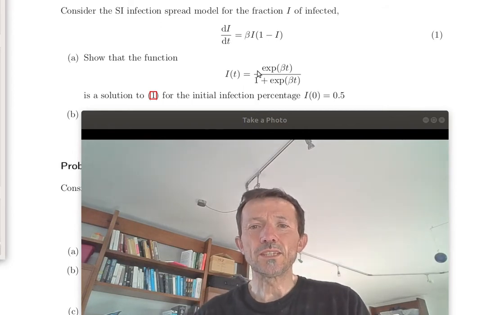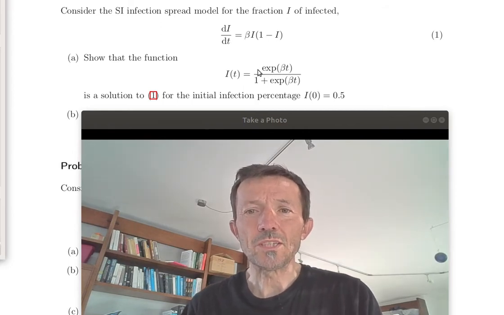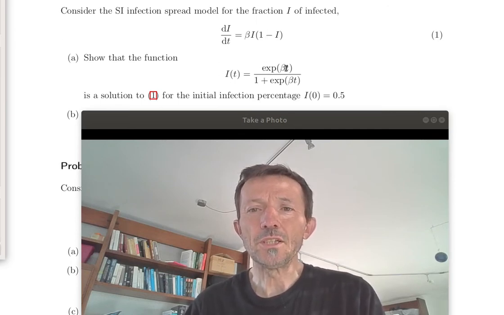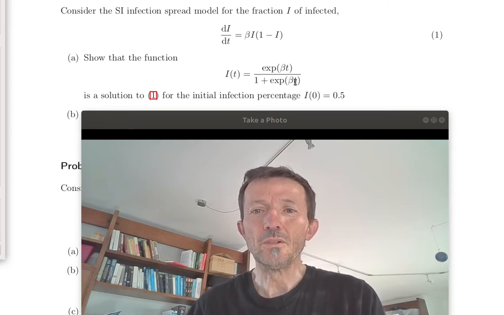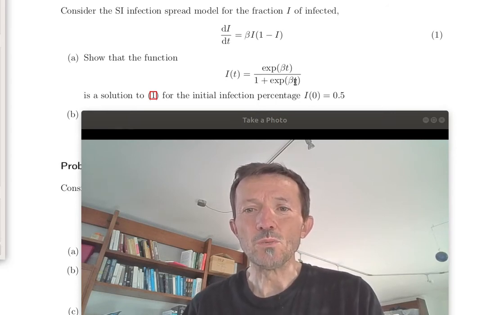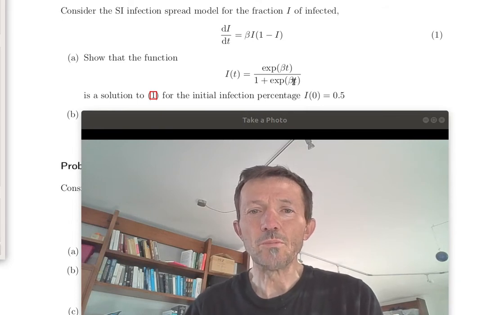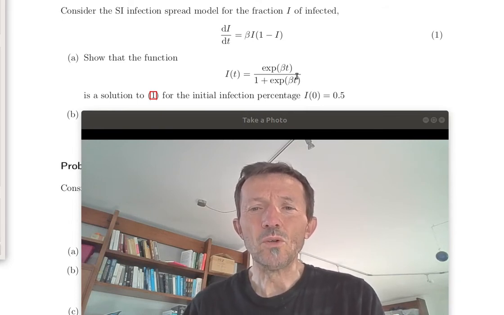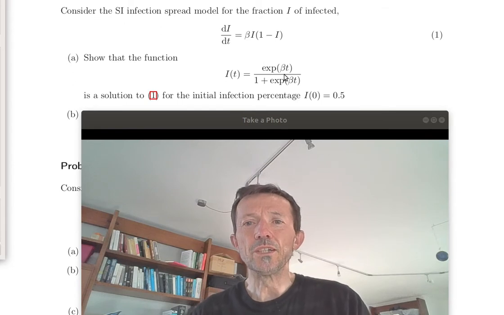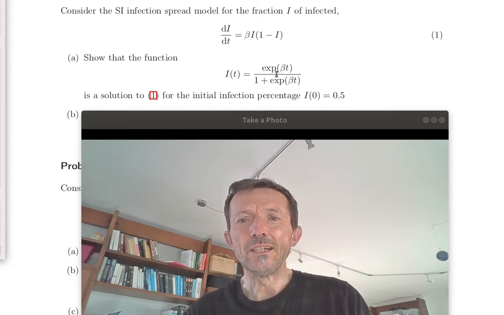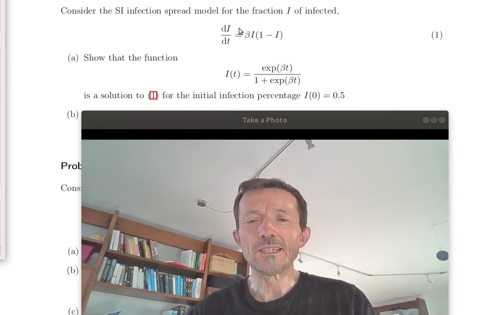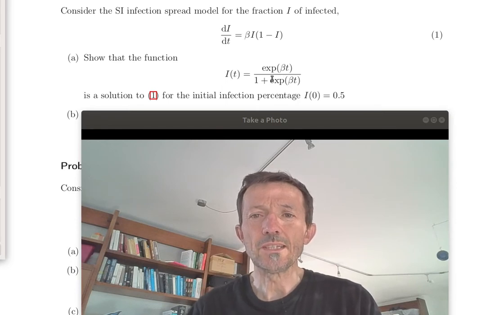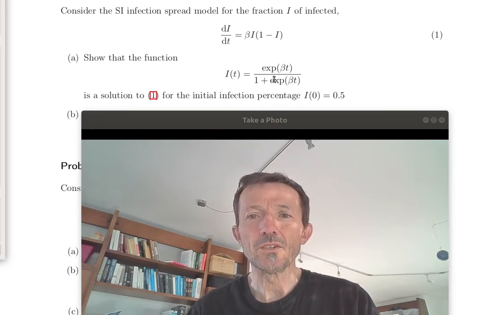We can show the latter directly, because just setting t equals 0, we have exponential 0, which is 1, divided by 1 plus exponential 0, 1 plus 1, so we have 1 divided by 2, which is 0.5. But that's only the initial condition. In order to see if this in fact solves the equation, one has to insert this into the left and the right hand side of this equation.